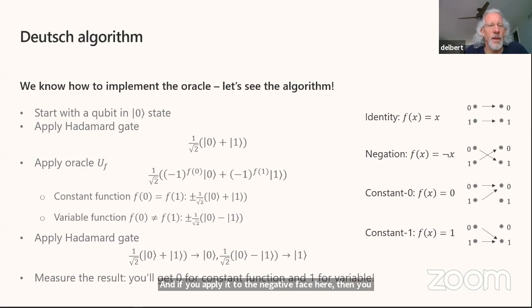And so the idea then is your final qubit answer, you measure it. If you get a 0, your oracle was a constant function, and a 1 for the variable function. Okay, so that's the way that you can use just one query instead of 2 queries to get this answer. Okay.